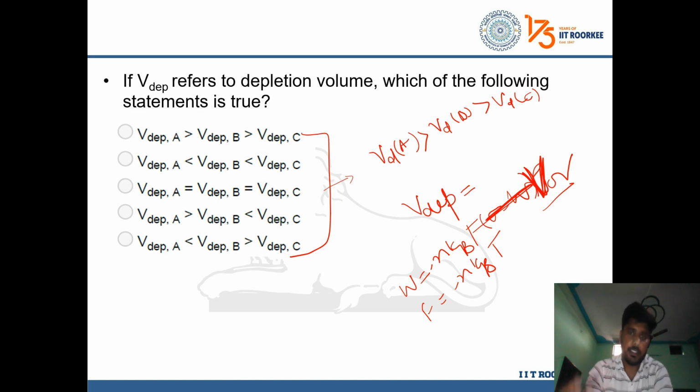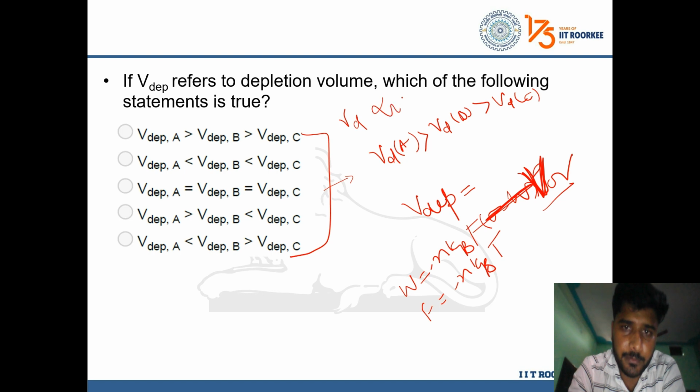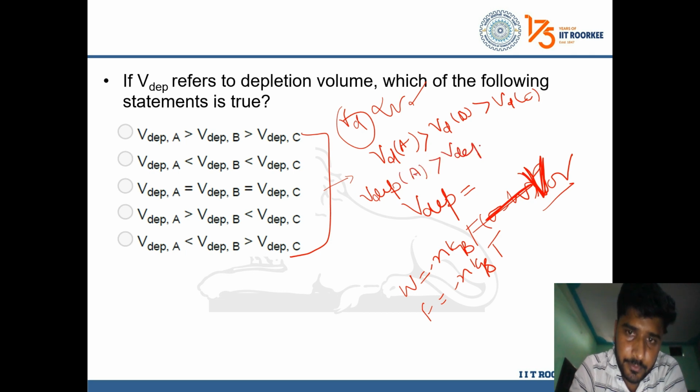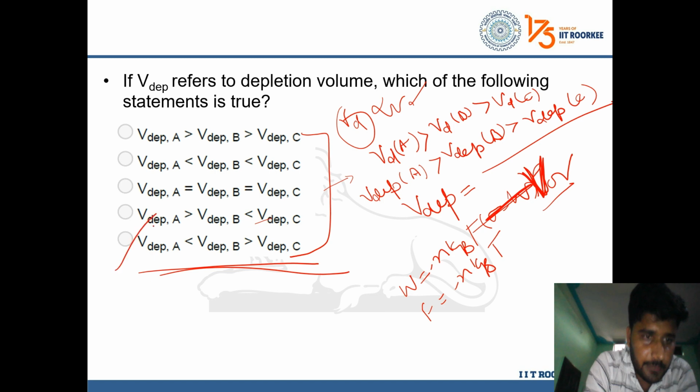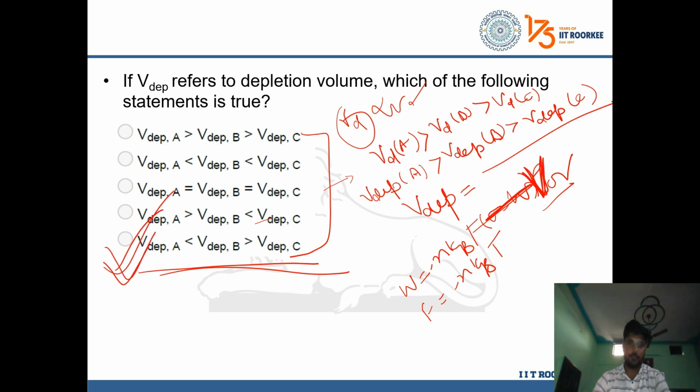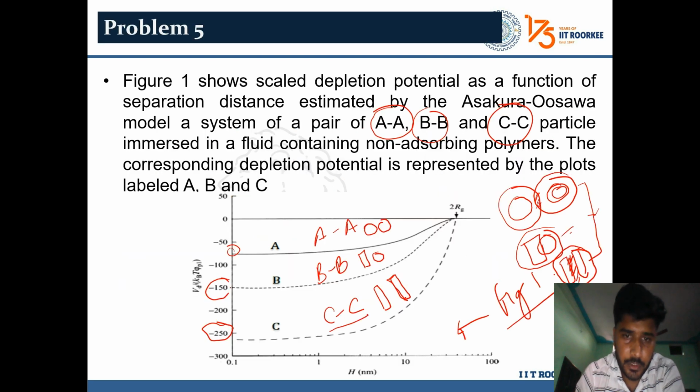The depletion potential is directly proportional to the depletion volume, so the depletion volume arrangement will be similar to this depletion potential. Let me choose the correct option, this one. So this will be the right answer. This is a tricky question.